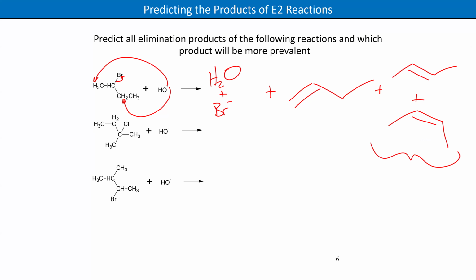And then out of these, they're both equally substituted. So what's our next? Sterics? So which one would we think would be favored based on sterics? Top one. So that's probably our major product.